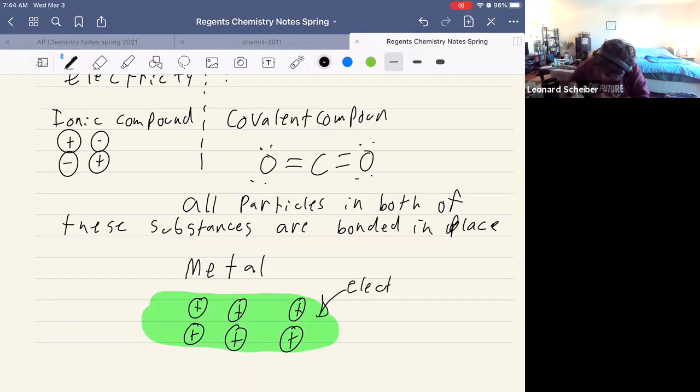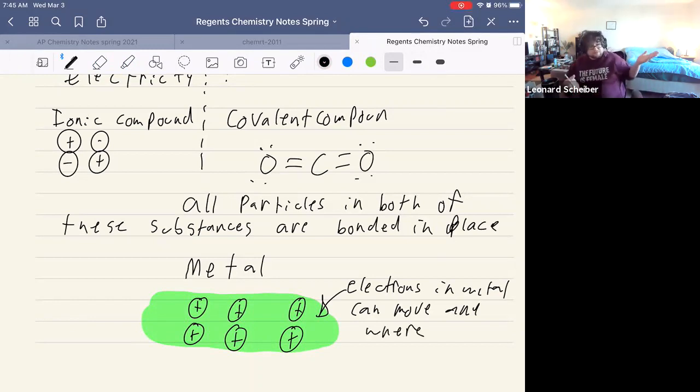So electrons in metal can move anywhere. The electrons are free flowing. And so if we have electrons from the outside, they can totally flow through. Unlike electrons here, they would bounce off because they can't flow through.